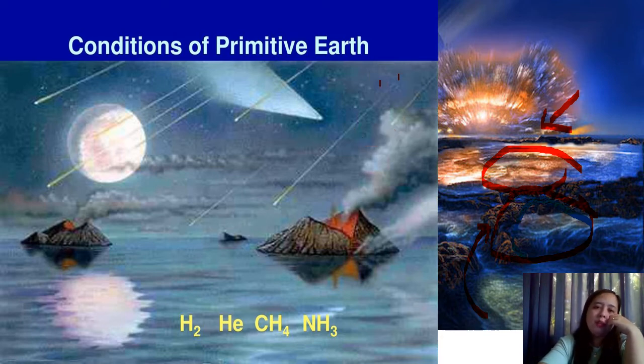Pwedeng nag-continue, until such time that because there is a planetary cooling, there's continuous buildup of your atmosphere, there is now the, ayan na, nabubuo na yung liquid water natin on top of our terrestrial plates. But there again, continuous pa rin yung outgases na meron tayo here, continuous pa rin ang volcanic eruption.